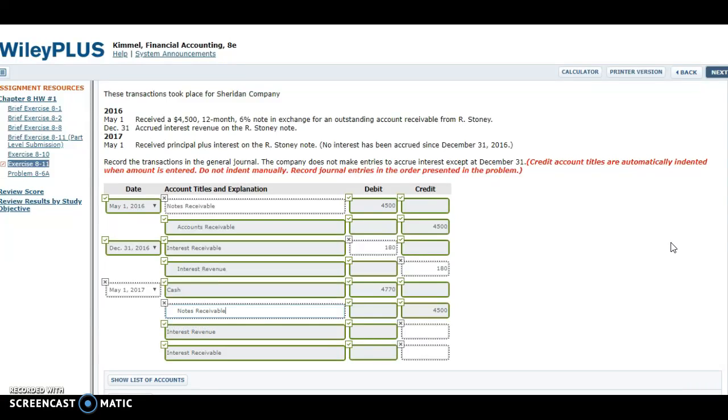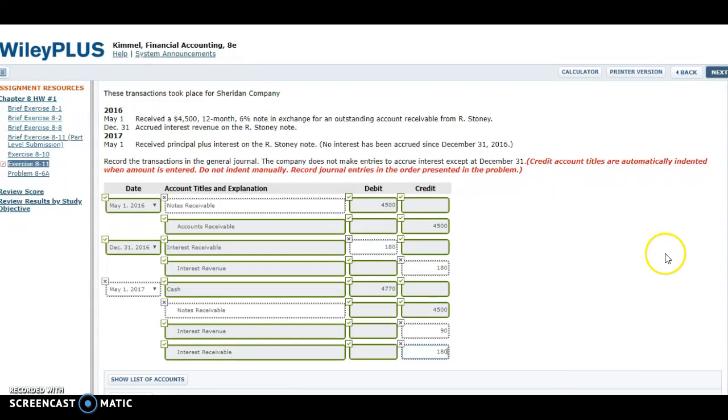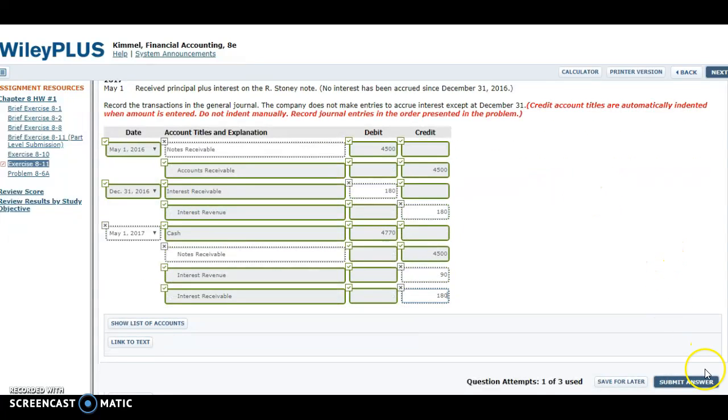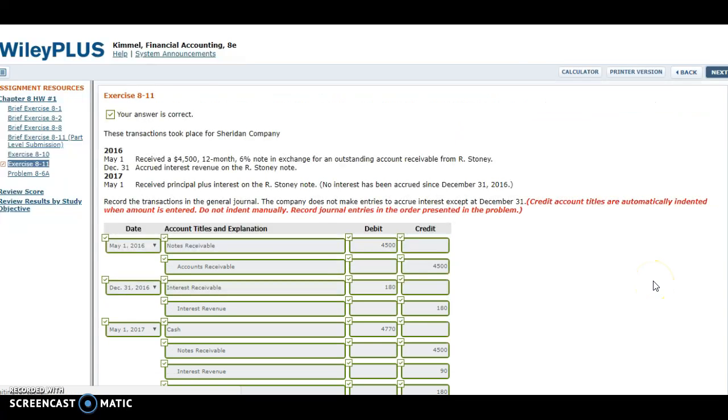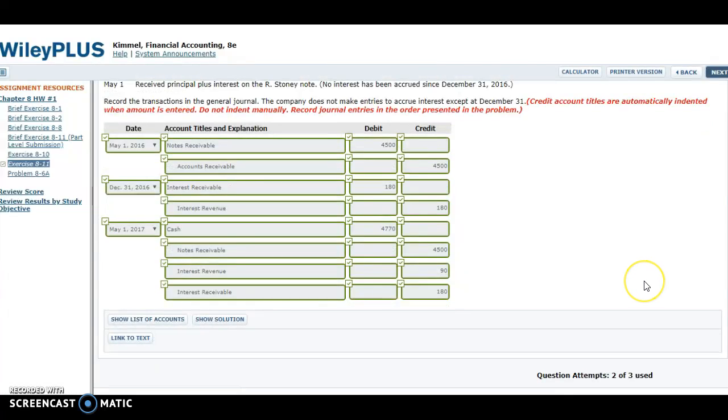See, I put singular note again, made that mistake. So then interest revenue, that one is 90, and interest receivable from the prior year, we're canceling that out, 180. And if we submit that, that should all be correct. There we go. The answer is correct.